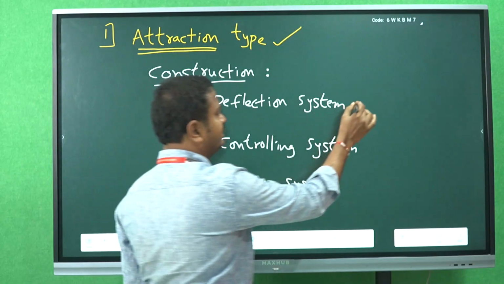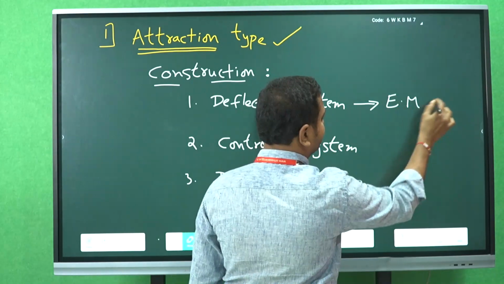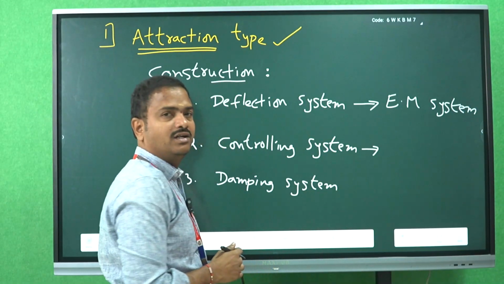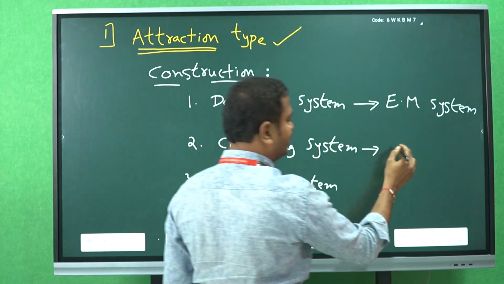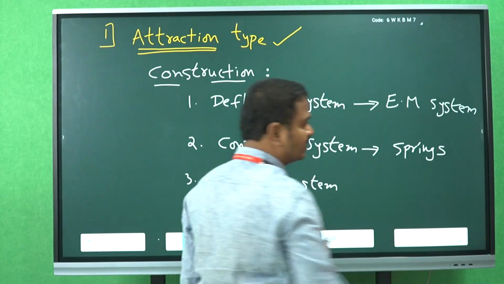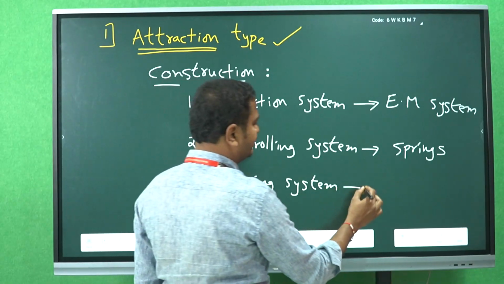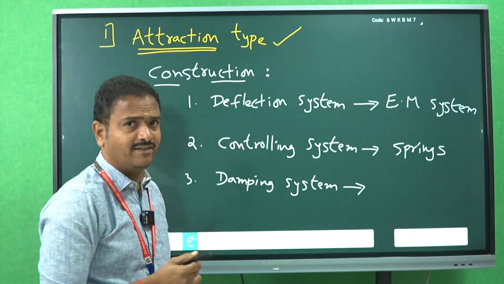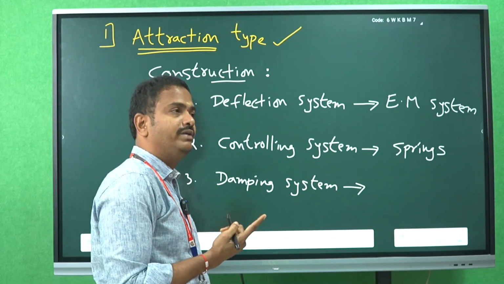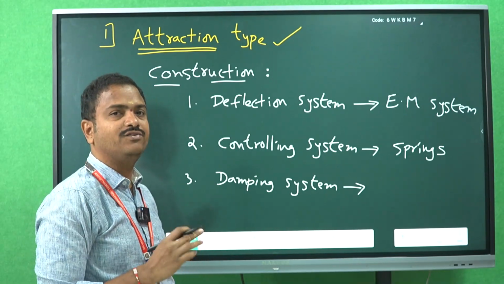These three are the basic requirements to construct an indicating instrument. In this MI type instrument, the deflecting system is nothing but an electromagnetic system. The controlling system in this MI instrument is provided by control springs. And for the damping system, in the last class I explained three types of damping: eddy current damping, air friction damping, and fluid friction damping.